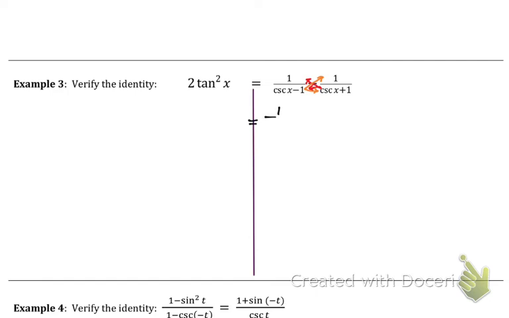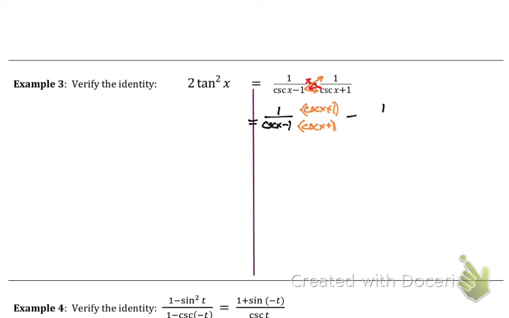So I'll write what I was given. I was given 1 over cosecant x minus 1. Multiply by the other denominator. So I'll multiply the top by cosecant x plus 1, and I'll multiply the bottom by cosecant x plus 1. Then I was given a negative sign.